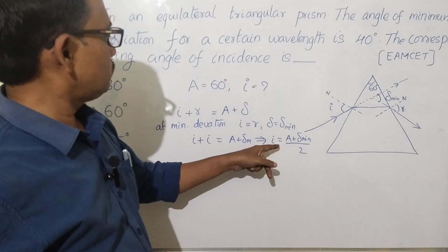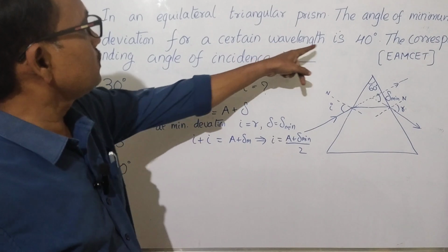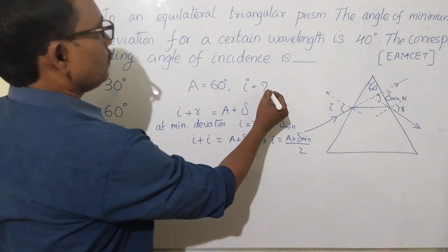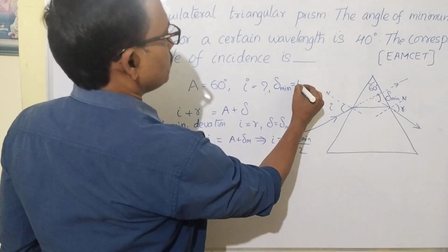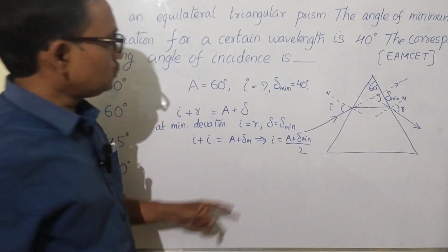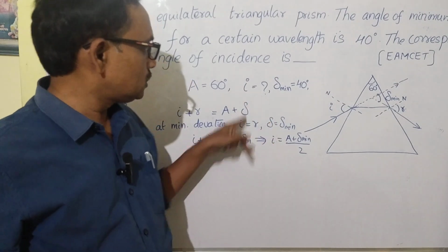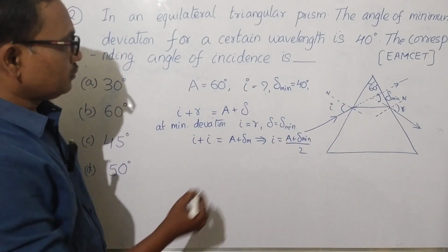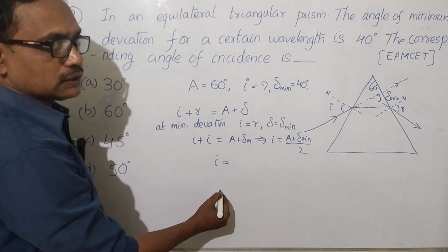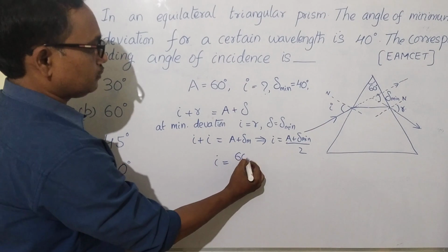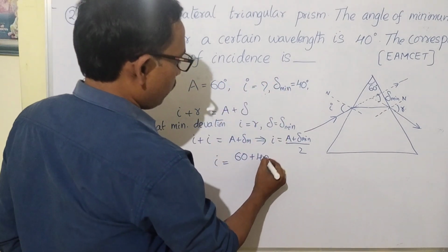Now substitute these values. The angle of minimum deviation for the certain wavelength is 40 degrees, which is given. So delta minimum is 40 degrees. You can use this formula directly, but this is how it comes. Now the angle of incidence I is equal to A, which is 60, plus delta minimum, which is 40 degrees, by 2.